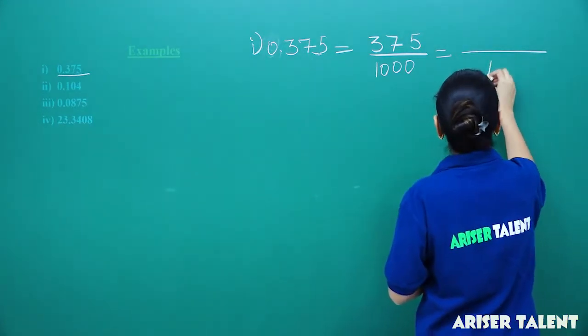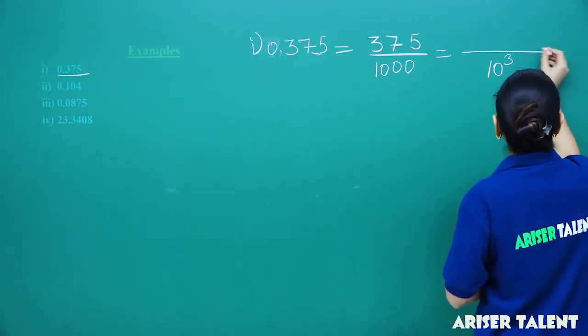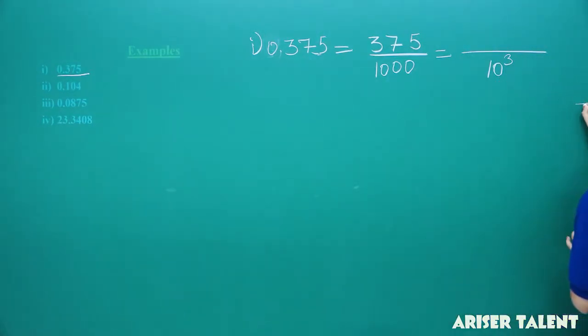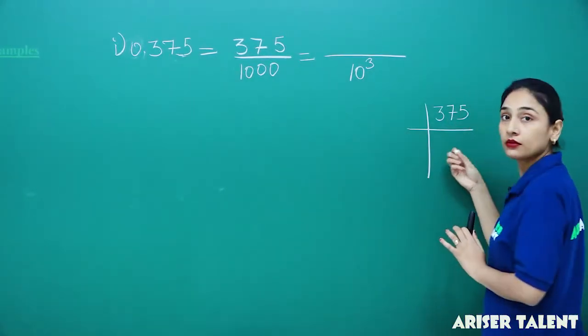You may write the denominator as 10 to the power 3, and we will factorize 375.